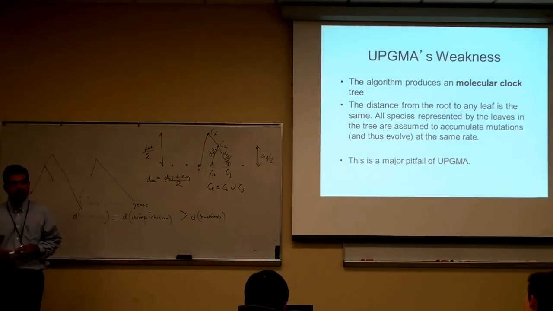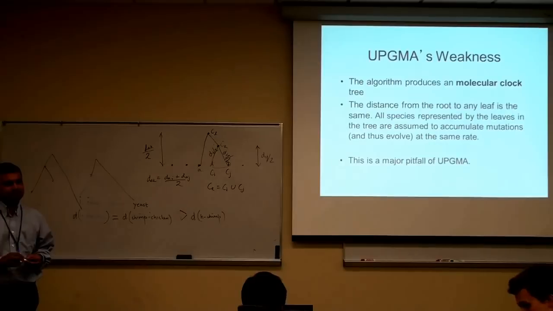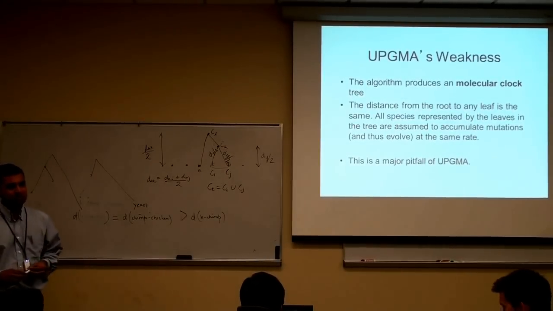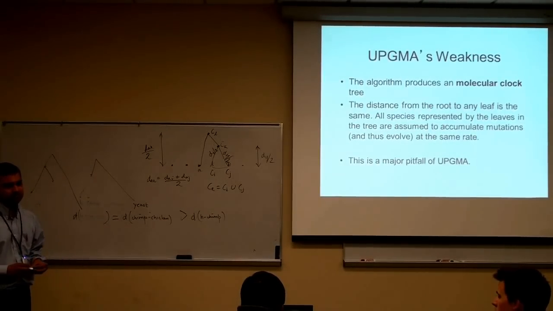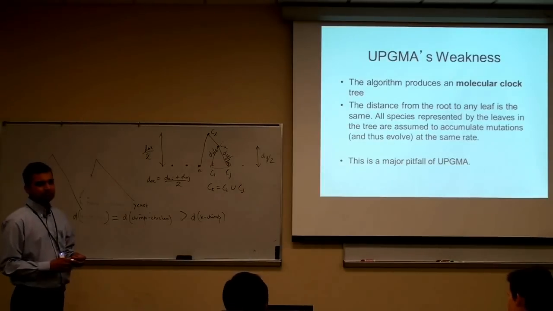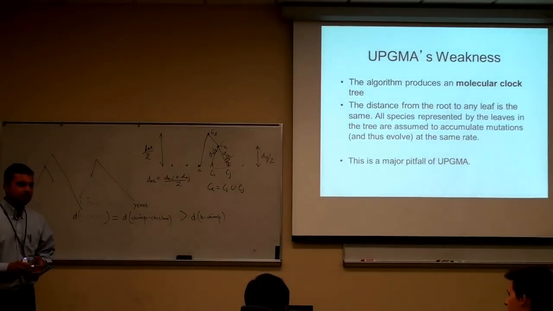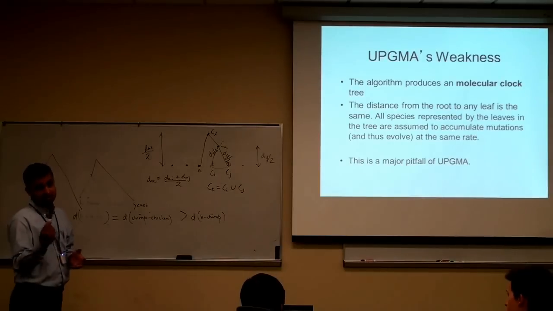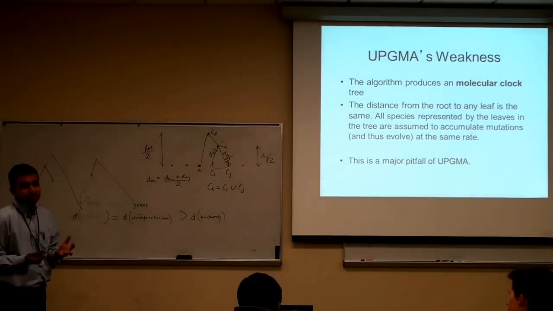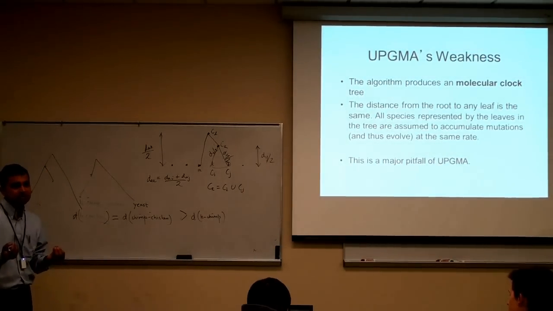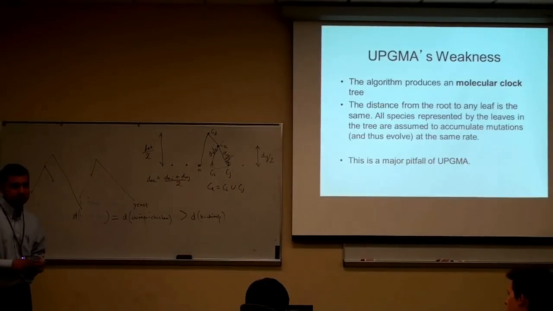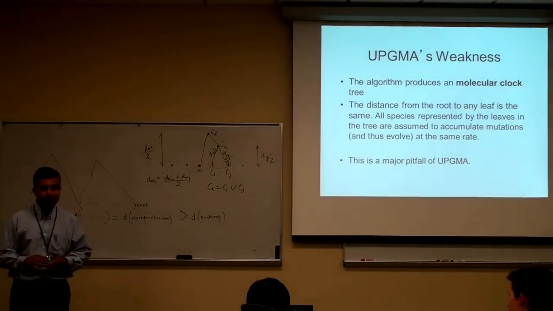Well, I was saying that it would also fail if you tried to do that. Correct? It would produce a tree that would say that this extinct species is still alive today. Yes. Right. It would treat every given species as an extant species. Yeah. And so you're correct.